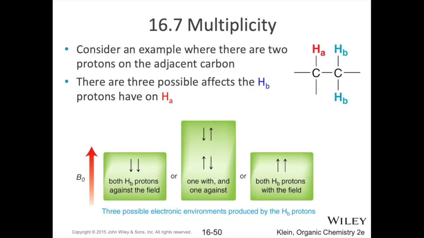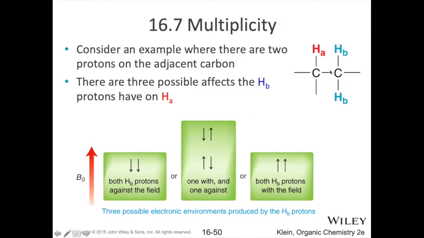Let's say we're looking at the signal for hydrogen A, and now there are 2 hydrogen Bs. Both of these are equivalent, right? So what is their relationship to the magnetic field, and how does that affect hydrogen A?